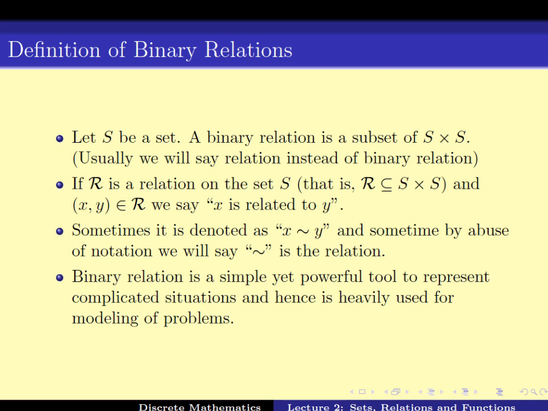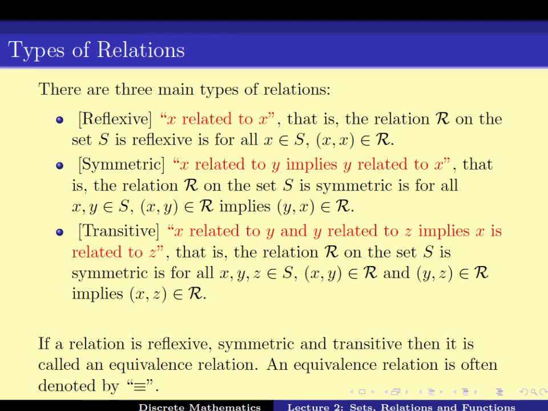In fact, understanding binary relations is one of the central subjects in the whole of mathematics and computer science. Binary relations, depending on whether they have some more structure or not, have been classified into various categories. Here are three main types of binary relations.